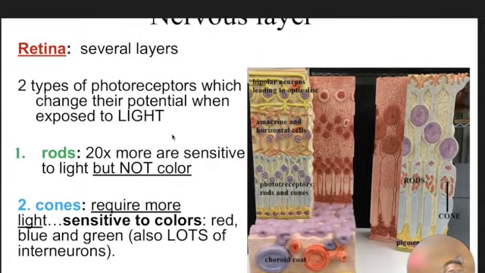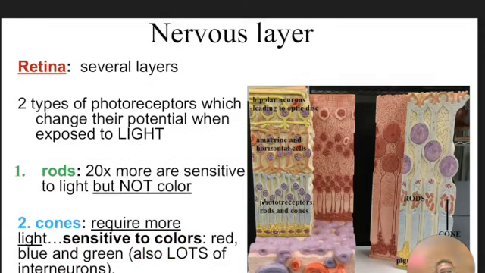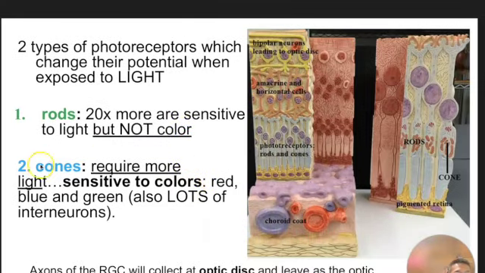So in the back of the eye, that's your retina. Some of you have seen this, some of you have not. The retina has photoreceptors, two types: rods and cones. Rods are 20 times more sensitive to light, but not to color. Cones require more light and are sensitive to color: red, blue, and green.